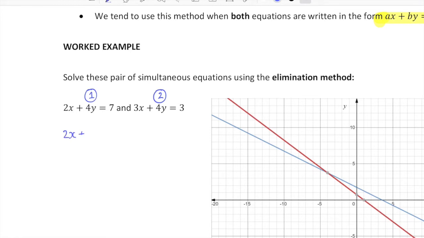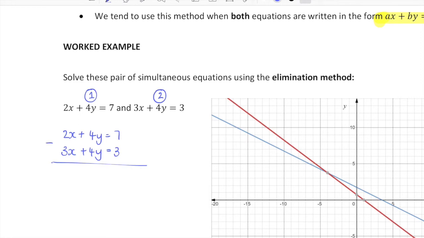So 2x plus 4y equals 3. What you can see here is that when both equations are written on top of each other, you can see a lot more easily what you can eliminate. So I'm going to eliminate 4y because it is common to both equations.